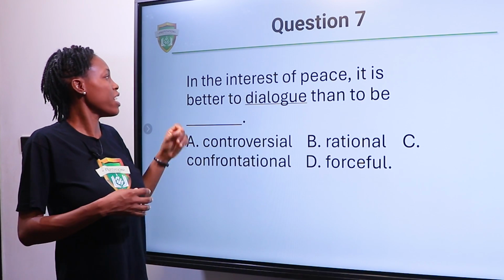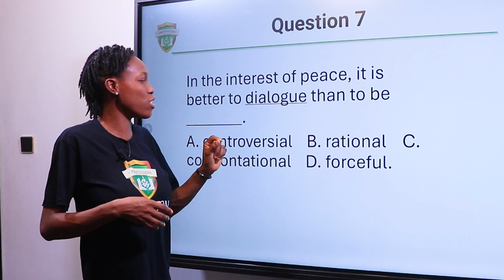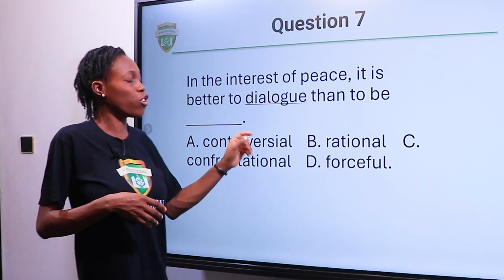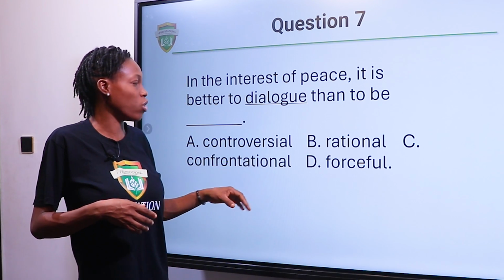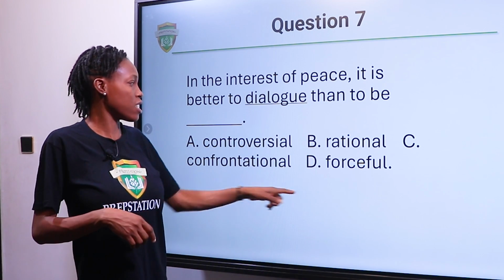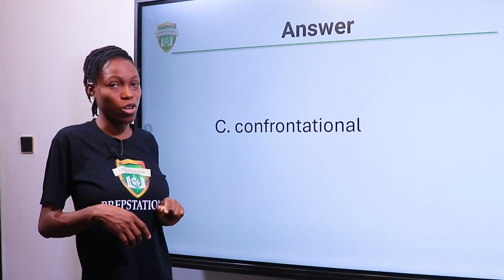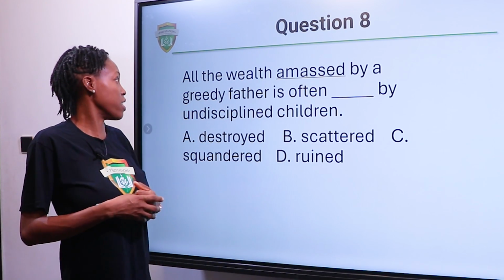Question 7. In the interest of peace, it is better to dialogue than to be dash. A, controversial; B, rational; C, confrontational; D, forceful. Dialogue. Opposite in this case, confrontational. That is C. Question 8.